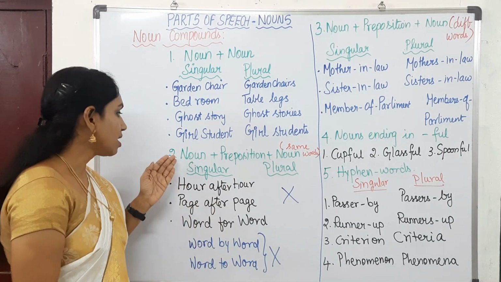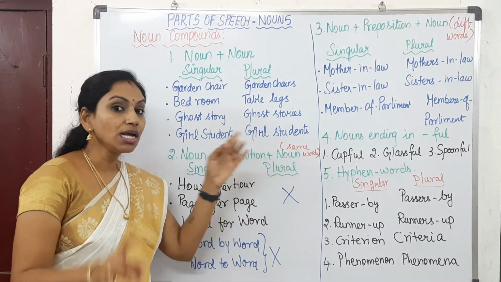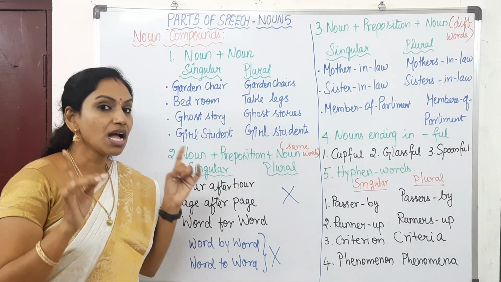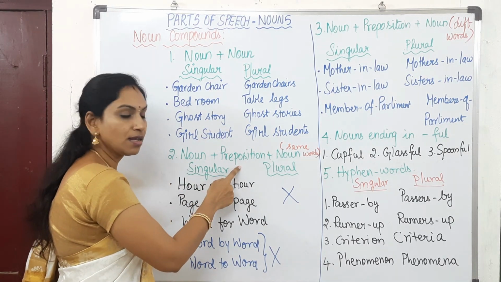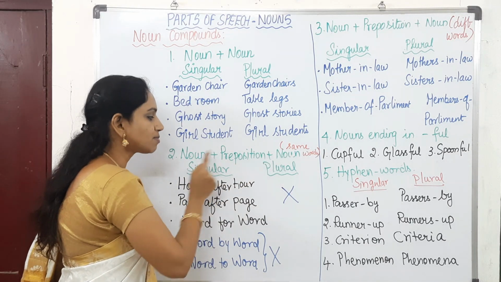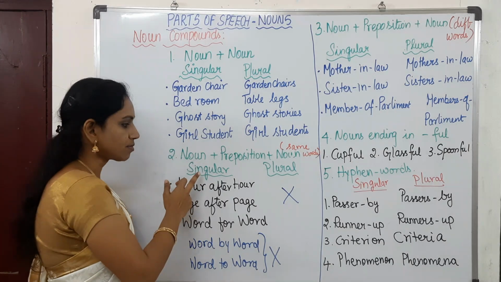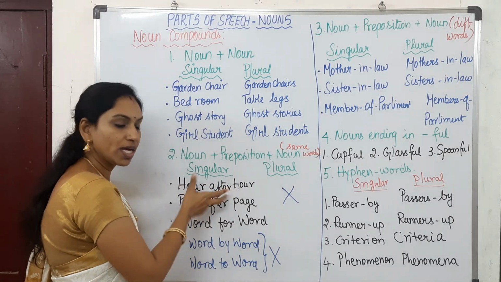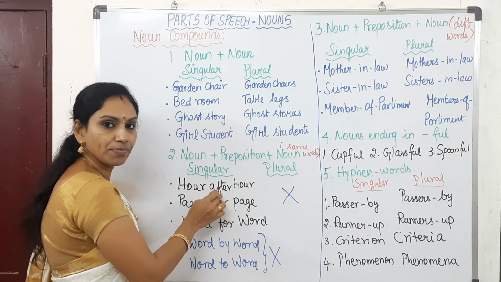Second category, noun plus preposition plus noun in case both nouns are the same word. Once again, I'll repeat, noun plus preposition plus noun if both nouns are the same word. Let's see. Singular and plural. I have written singular. Arm in arm, sorry: are after are. Are is a preposition.